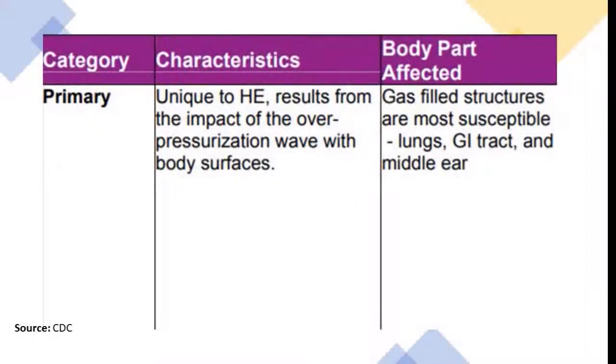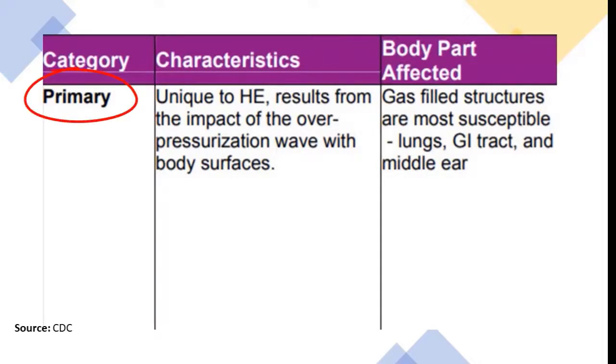Okay, I hope you're still with me. Now that we looked at some of the architectural factors, some of the building and structural factors that come into play during an explosive event, now let's look at some of the physiological things we need to consider. Okay, so we just spent quite a bit of time talking about the blast effects of an explosive incident.